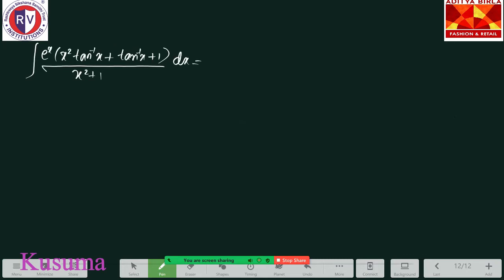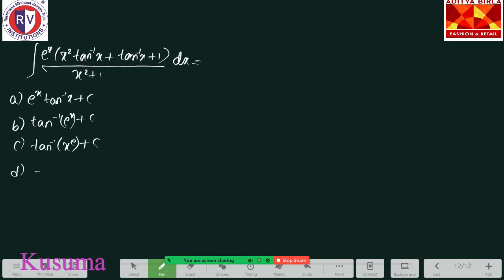We have to find out the value of this. Options are e to the power of x into tan inverse x plus c. Option B, tan inverse of e to the power of x plus c. Option C, tan inverse of x to the power of e plus c. Option D, e to the power tan inverse x plus c.